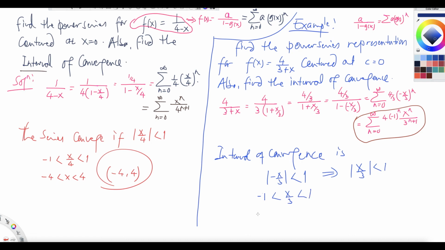If you multiply by 3, negative 3 is less than x is less than 3. So the interval of convergence is negative 3 to positive 3 for this series, okay guys. So that's how we represent a function by a power series centered at 0.